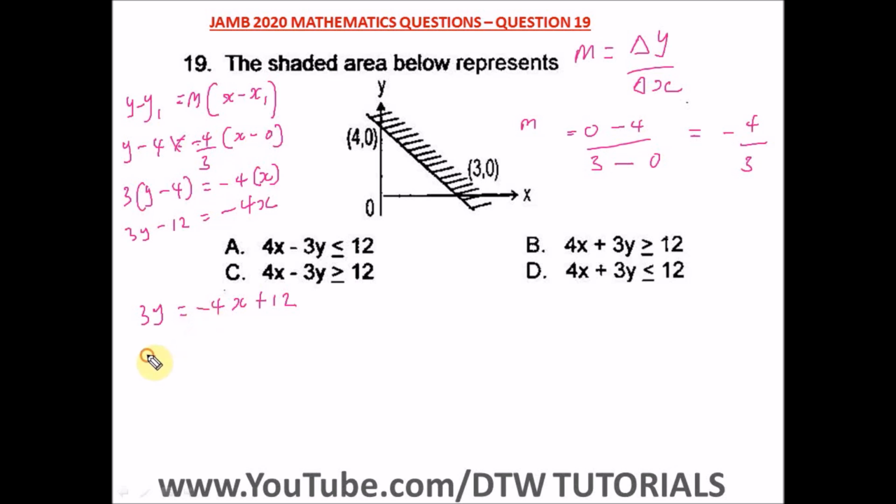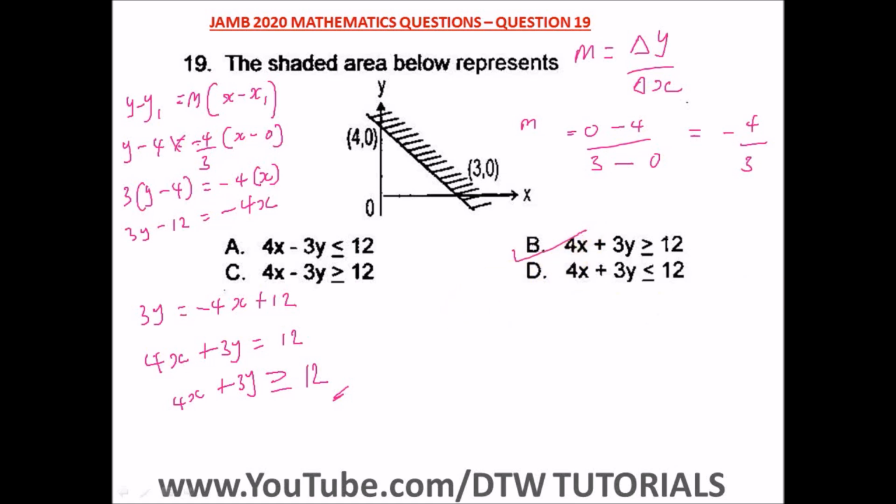When this comes over, we have plus 4x plus 3y equals to 12. So therefore we have 4x plus 3y greater than or equal to 12. So that is our answer, and that is B. So that is how we go around that.